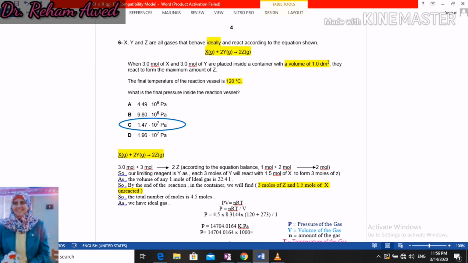So take care, you must convert the temperature from Celsius into Kelvin.